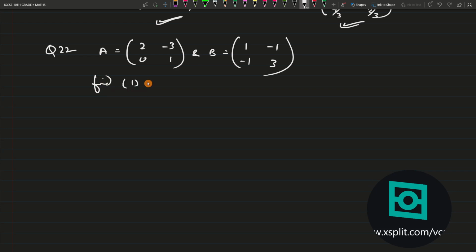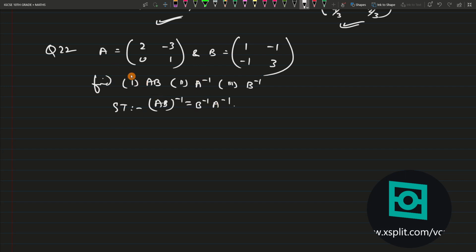Number 1, AB. Number 2, A inverse. And number 3, B inverse. Okay, and after finding all these 3, you have to show that your AB inverse is equal to B inverse A inverse. Okay, so all these things you have to show.